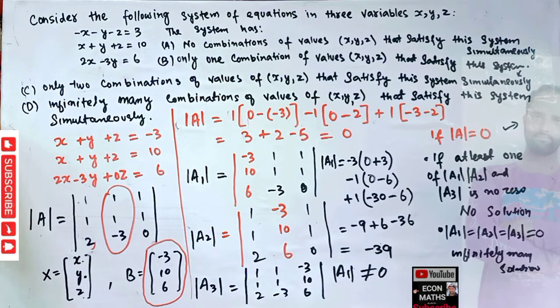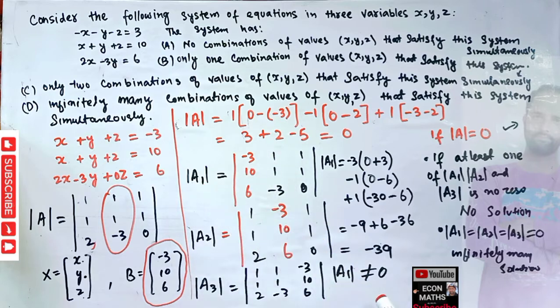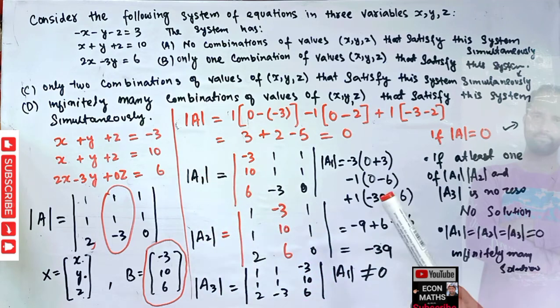Okay, so we can safely say this system of equations has no solution, because we just took the determinant of a1, and it came out to be non-zero. We need at least one of these a1, a2, a3 to be non-zero to get no solution.